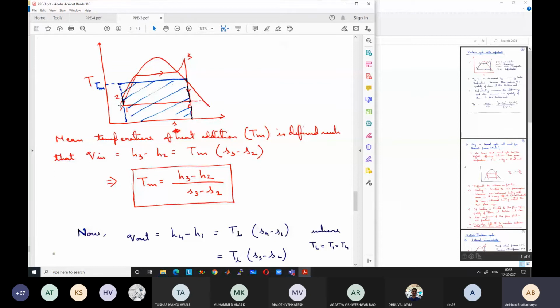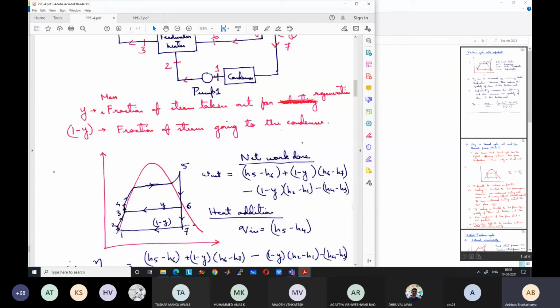So by adding more and more feed water heaters, we can remove this part as much as possible. So the heat addition occurs at a very high temperature in the steam generator. So the mean temperature of heat addition increases and the efficiency increases. That is how we can also explain the rise in efficiency in terms of mean temperature of heat addition for a regenerative process. Is it clear what I have tried to explain here?